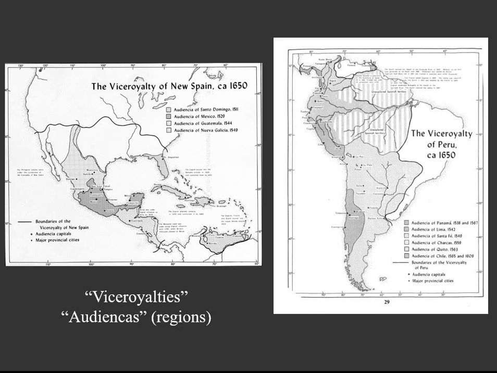Each audiencia had its own head administrator. They were usually judges and lawyers at first, but especially as some of these colonies came under military attack by pirates or even foreign invaders, very often the Spanish would appoint military generals, colonels or admirals to be the leader of each of these regions over time.